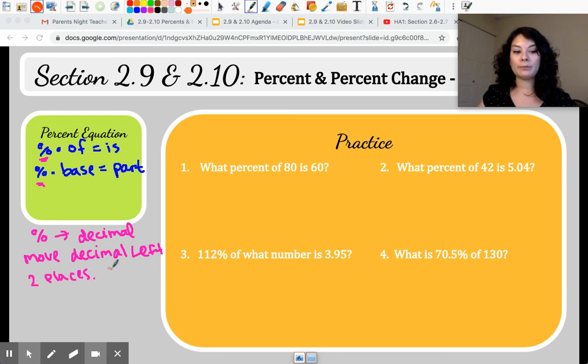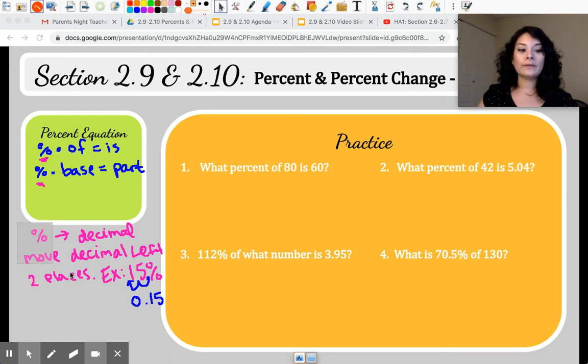So here's an example. If I wanted to convert 15% to a decimal, I would have to first realize that as an integer, there's an invisible decimal at the end and move it 2 places to the left, and it becomes 0.15 without the percent symbol, okay?